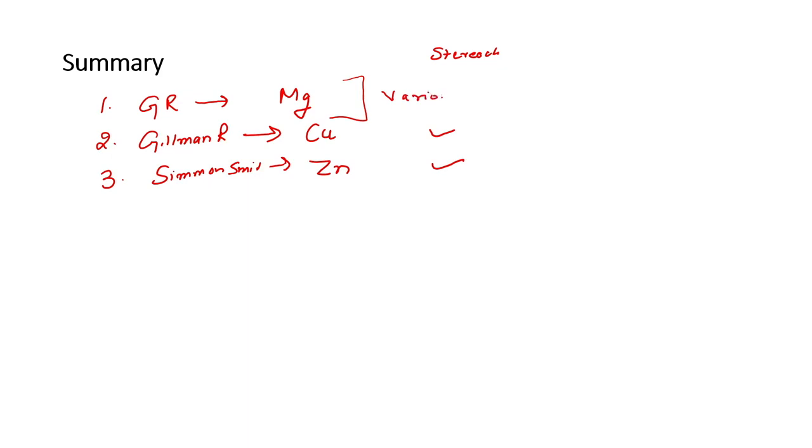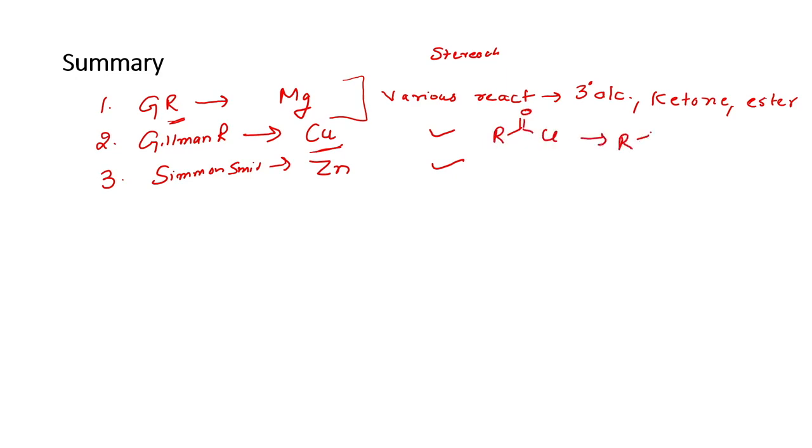I have shown various reactions where you prepared tertiary alcohol, ketone and ester products. I have shown you the advantage of Gilman reagent over Grignard reagent in terms of reactivity, where Gilman reagent, when it reacts with acyl chloride, will give you ketone.